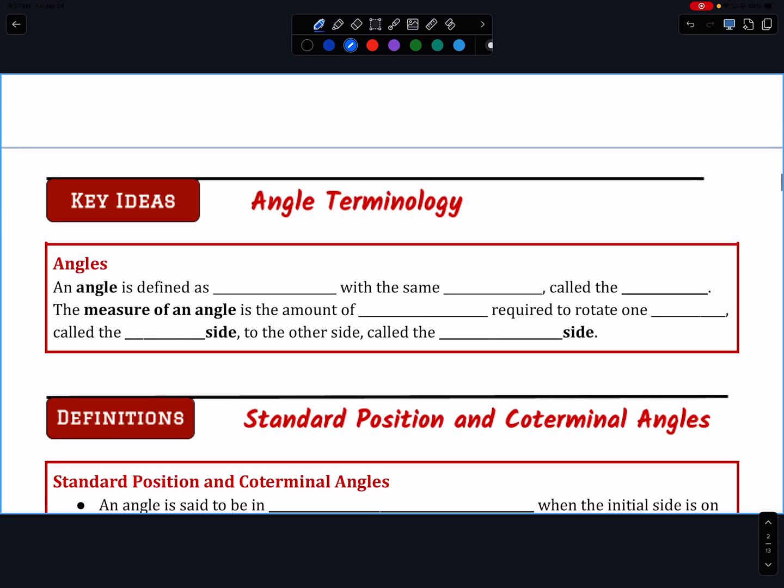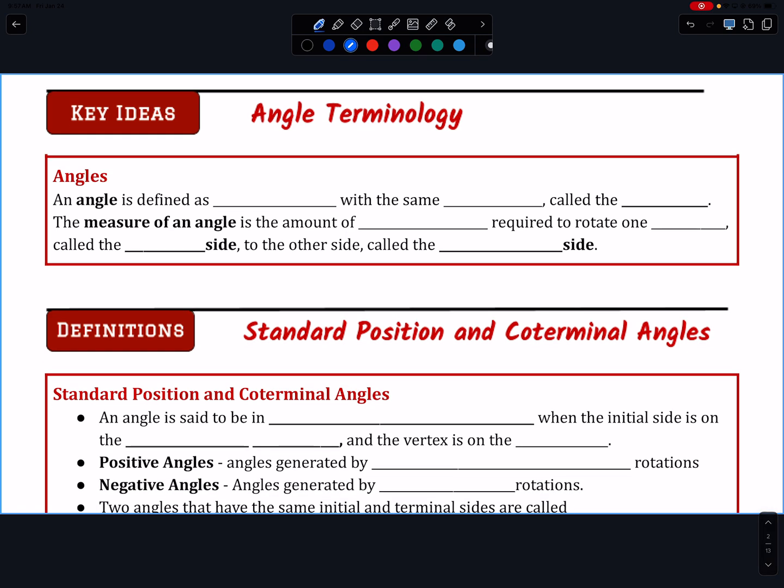All right, so angle terminology. An angle is defined as two rays with the same endpoint called the vertex.